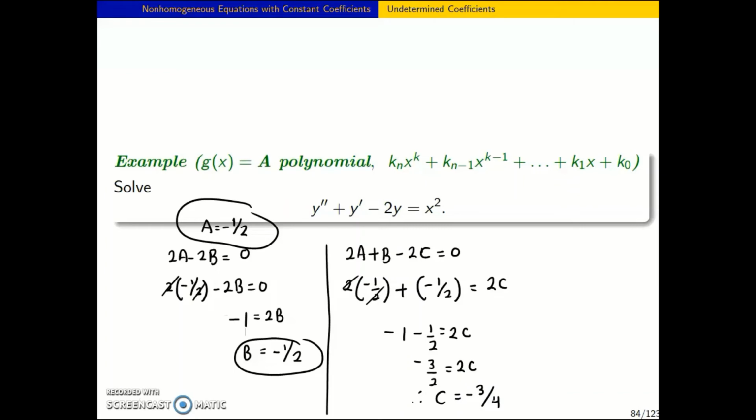So we have obtained the coefficients a, b, c. What is my yp? My yp has the form ax squared plus bx plus c. Now a is negative half, b is also negative half, and c is negative 3 over 4. So this is my yp.